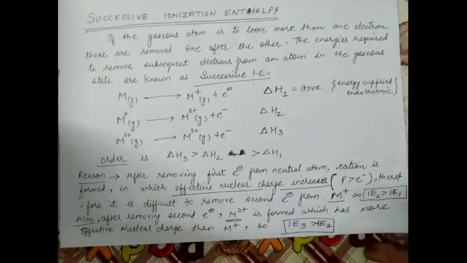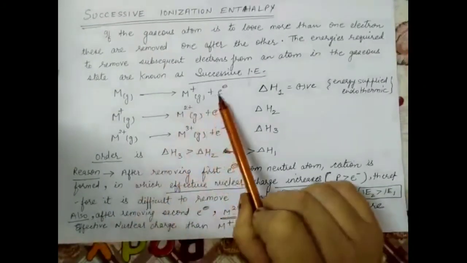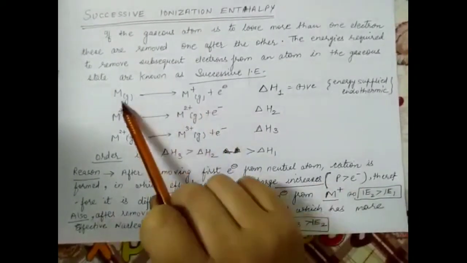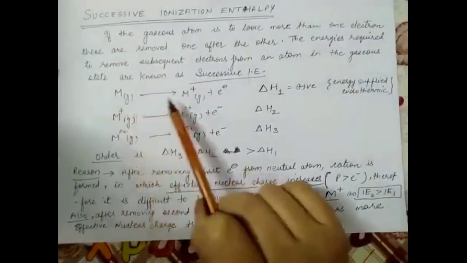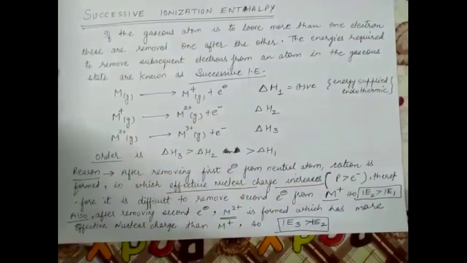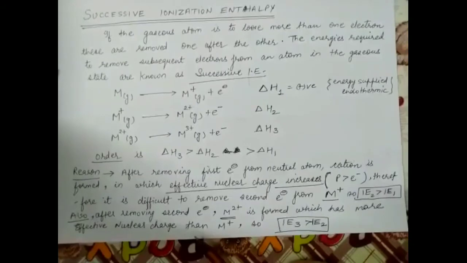Now what is the reason behind this? After removing the first electron, your neutral atom changes to a cation. Recall that the atomic radius of a cation is smaller than the parent atom, because in a cation the effective nuclear charge increases. What was effective nuclear charge? It means protons are now more than electrons.